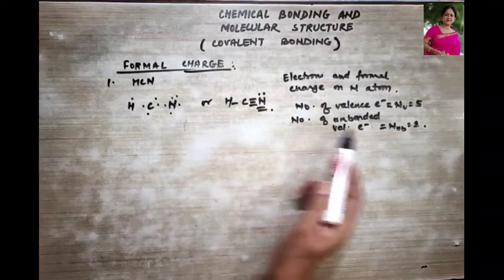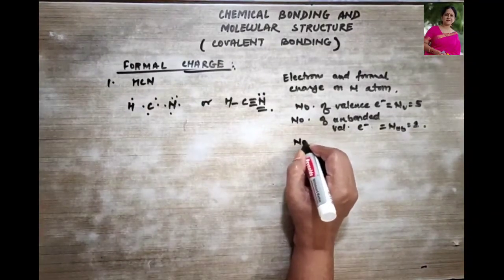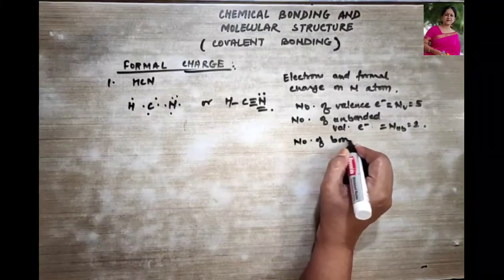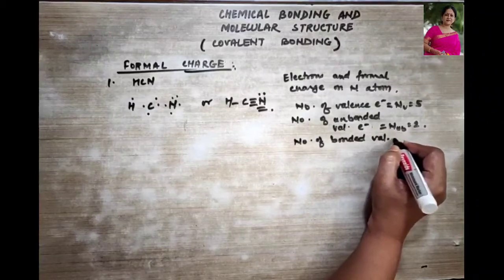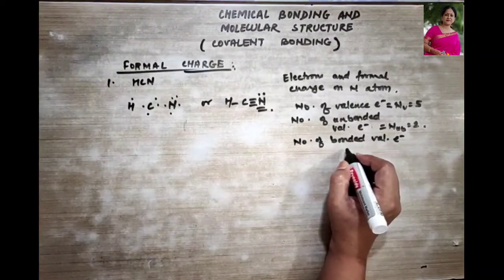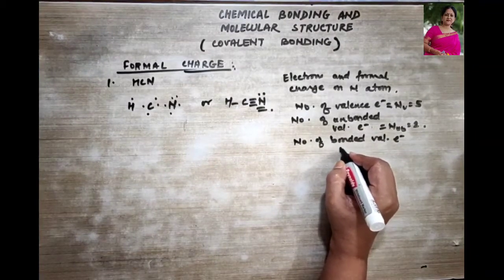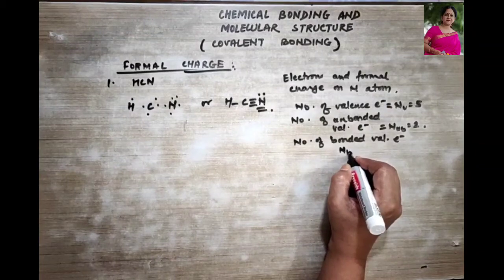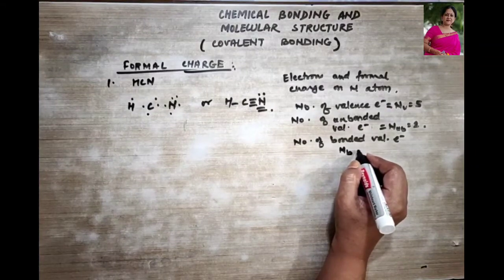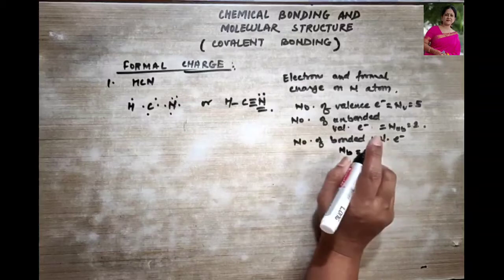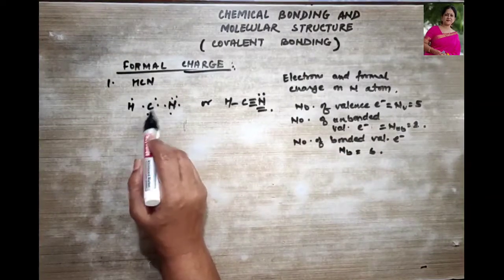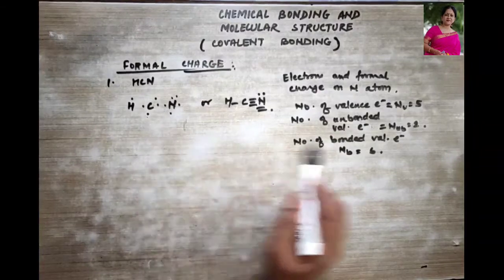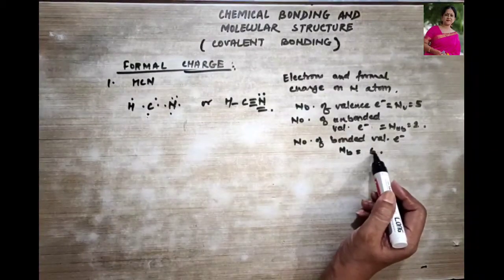And the number of bonded valence electrons, NB, is equal to 6, because 3 from carbon and 3 from nitrogen, they are bonded. So that makes it 6.